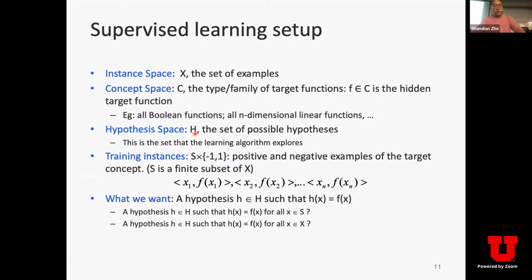If you're doing a search, you always need to specify a search range. Hypothesis space is just a search range: the set of candidate functions you believe is enough for you to conduct the search. Then you search over the hypothesis space to find the best member in this space, and you pick it as your approximation to the ground truth.